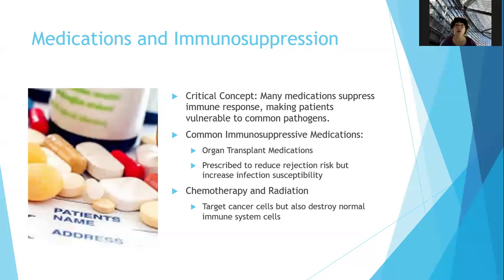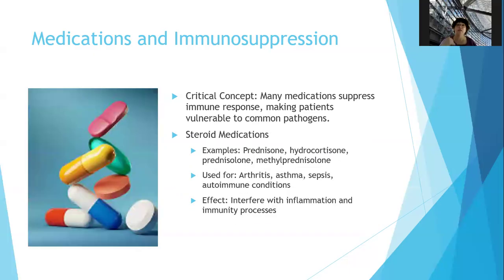Chemotherapy and radiation target cancer cells, but they also destroy normal immune cells. So it's not just the bad cells that they get, they get a lot of cells. And so that can suppress your immune system. The steroid medications, prednisone, hydrocortisone, prednisolone, methylprednisolone, used for lots of different conditions, can interfere with the inflammation and immunity process.